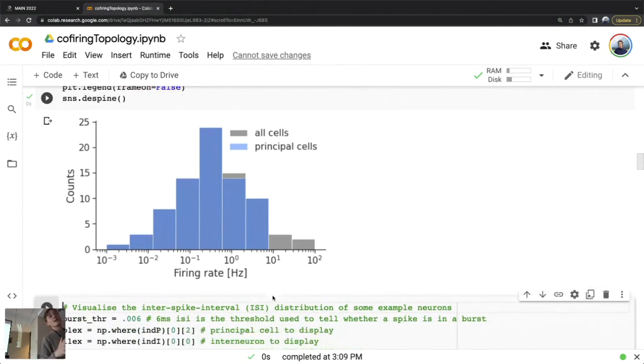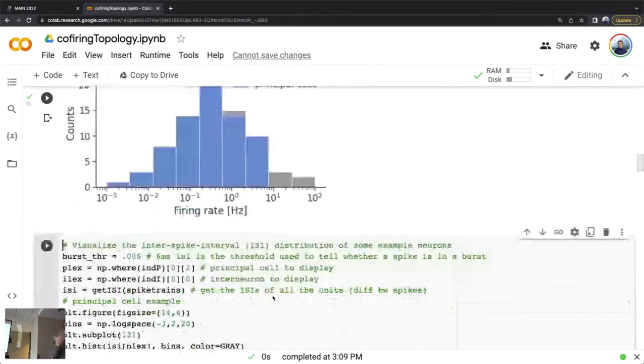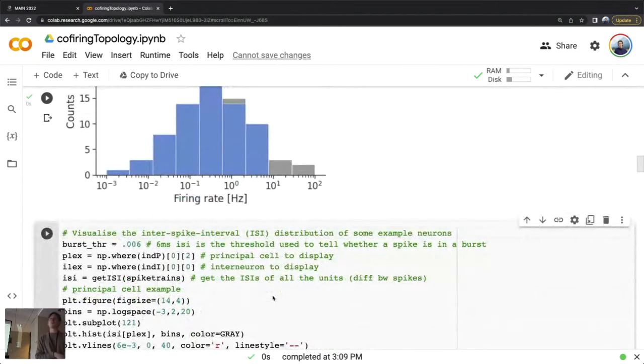Now, to tell whether a cell is a principal cell or interneuron, I guess you're not too interested, but it's mostly based on rate, and also on the shape of the spike they have. So when we look at this very fancy electrophysiological trace, we do see many spikes, and the way we know which spikes belong to which neuron is by triangulating the same signal measured with different electrodes in the brain.